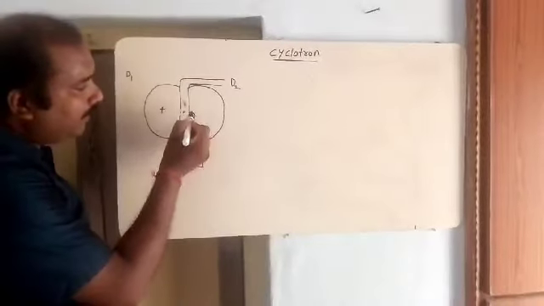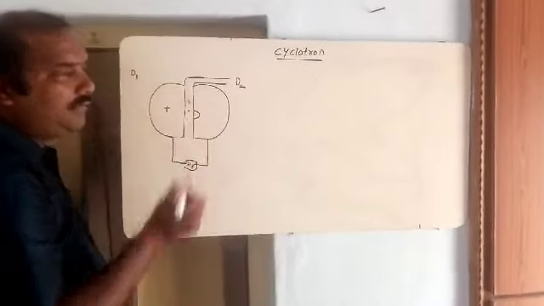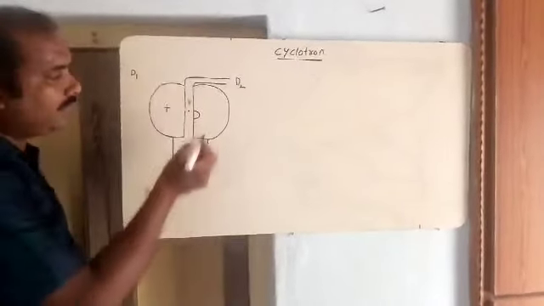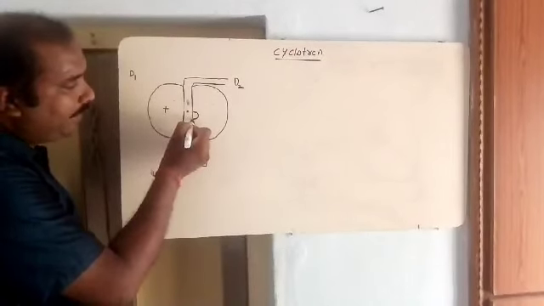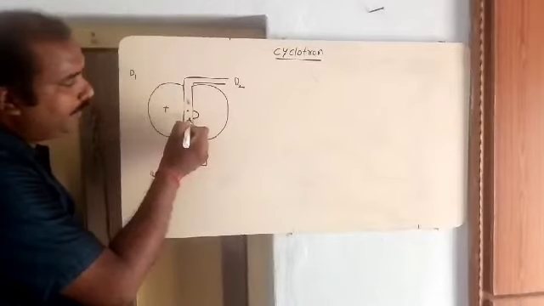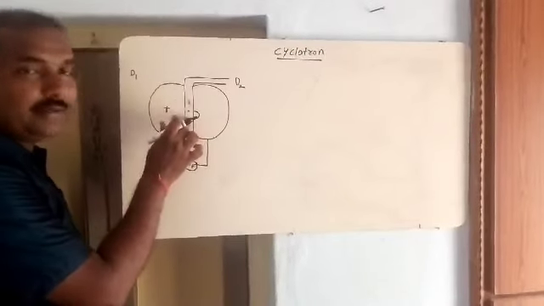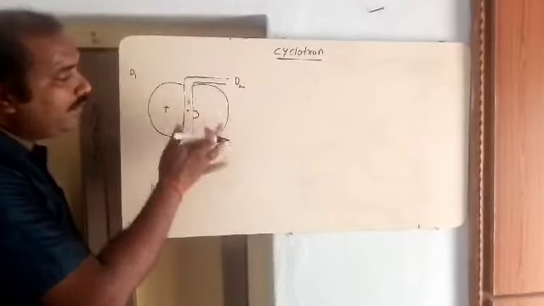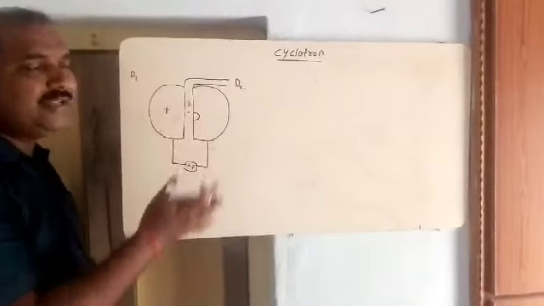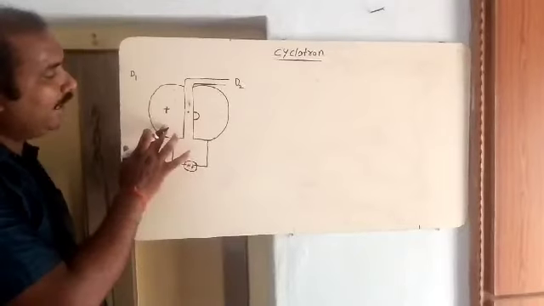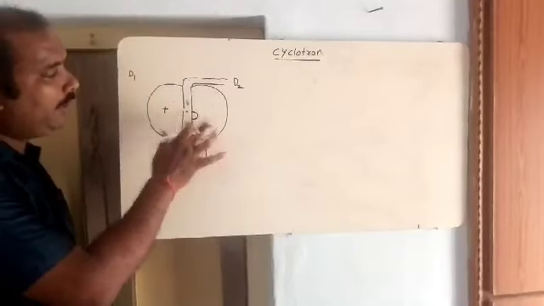Now, after completion of this half semicircle, again it enters into the gap here. If it enters here, now the polarity of the D's will be reversed. That means D1 will be negative, D2 will be positive.